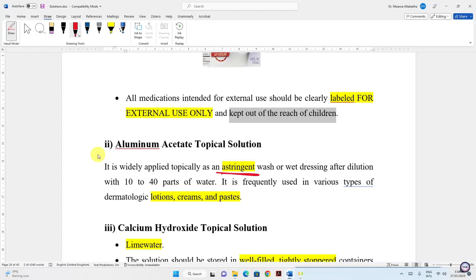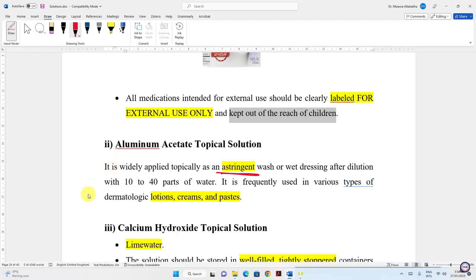It's a type of solution that may be added to abraded skin in order to coagulate the protein and form a protective layer. So on this abraded or exposed skin, the protein will coagulate, forming a kind of protection, and it will pull the skin together in order to aid in the healing process.